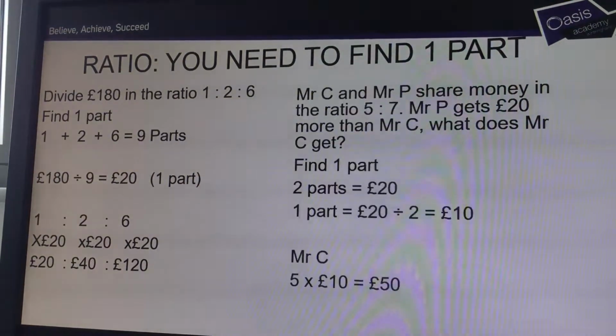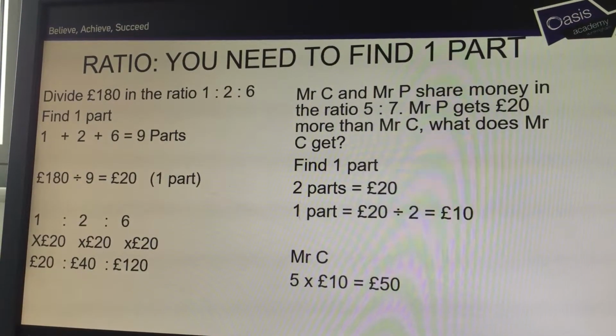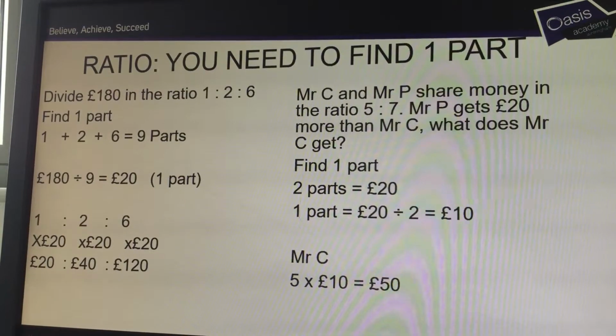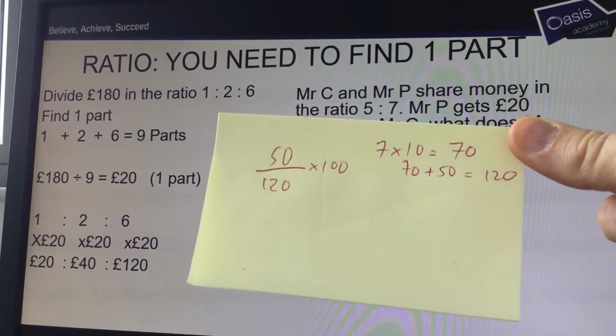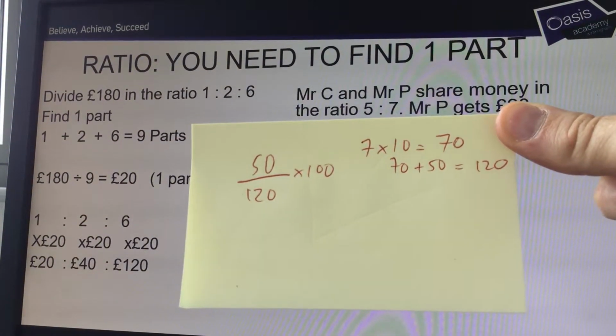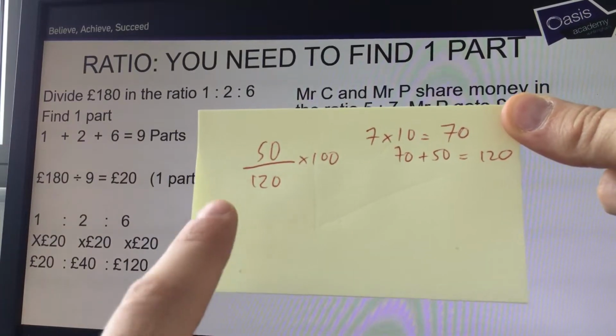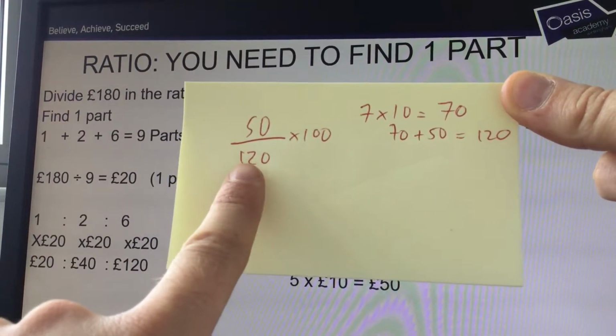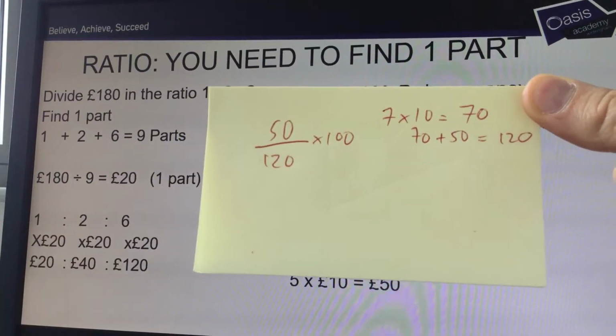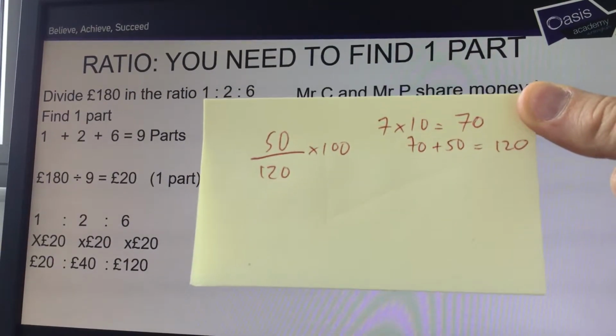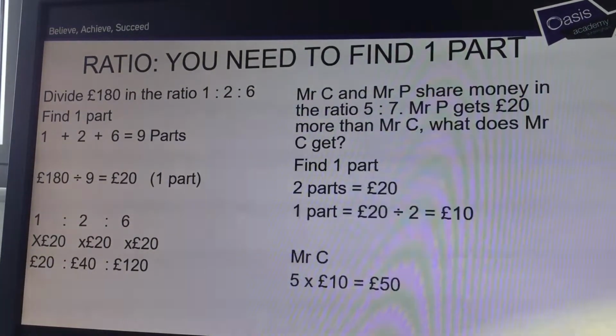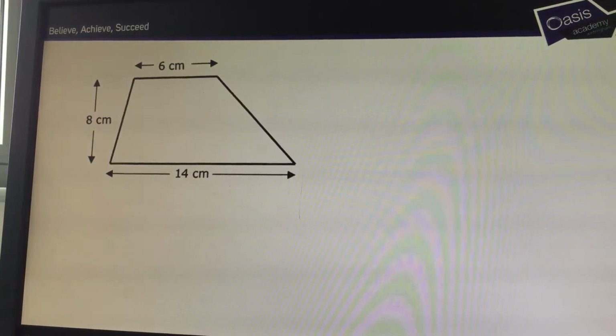Overall, I've got 120. So it'll be 50 out of 120 times 100. So it could ask you to turn it into a percentage, which is a fraction times 100, where the total or the original values are on the bottom and whatever you're after is on the top. It's a calculator paper, expect to see this. So percentage, fraction times 100.